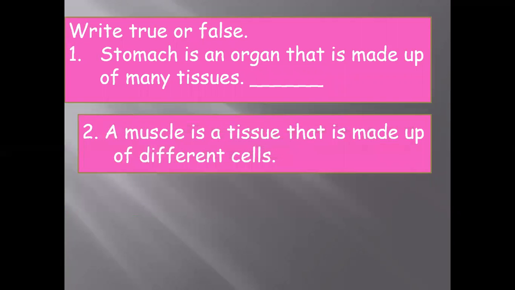Number 2: A muscle is a tissue that is made up of different cells. If you still remember the definition of a tissue, it is made up of similar cells performing a similar function and having similar shapes. So this sentence is false, because they said that a muscle is a tissue that is made up of different cells.